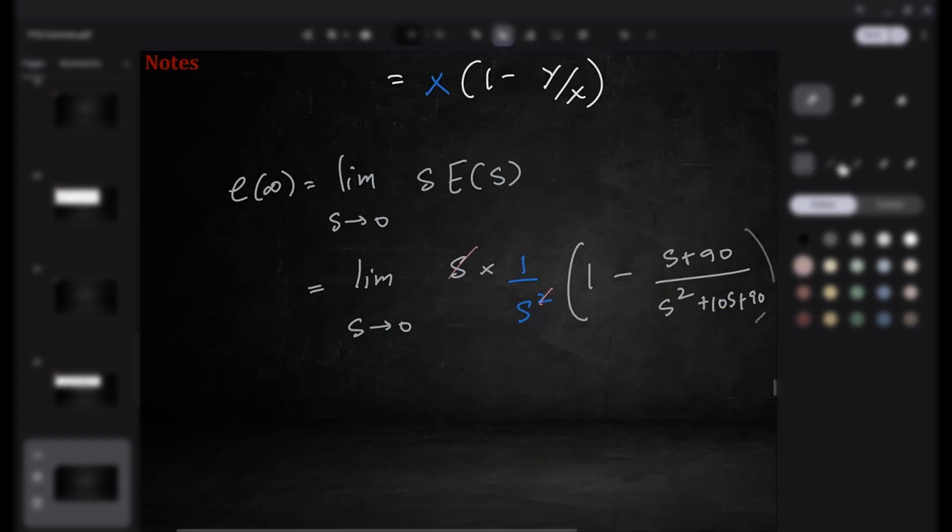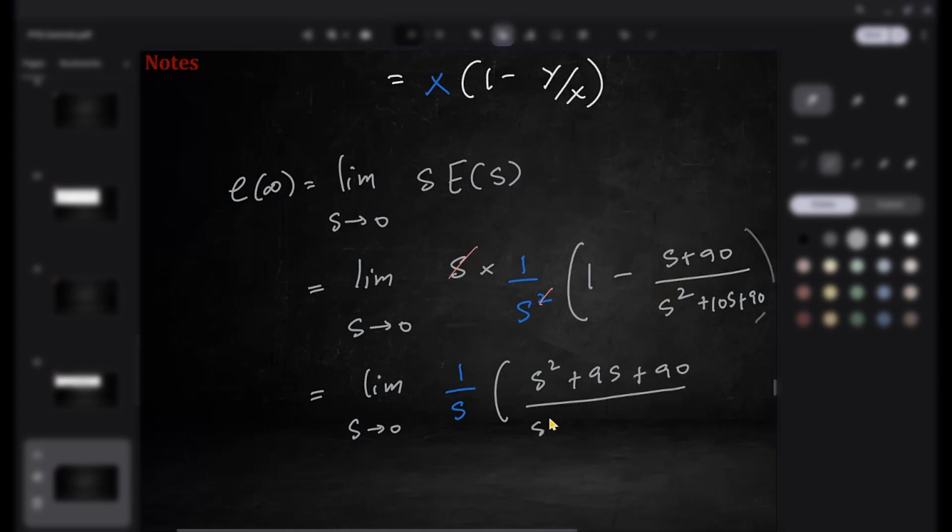And then, with s tending to 0, 1 by s square times (s square plus 10s plus 90 minus s minus 90) over (s square plus 10s plus 90).